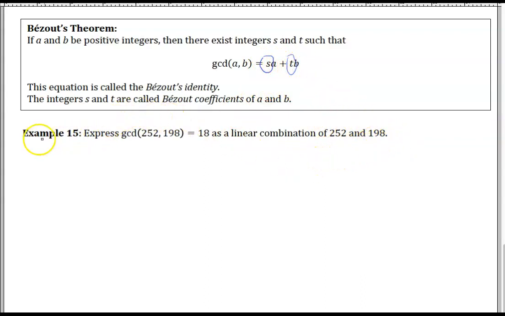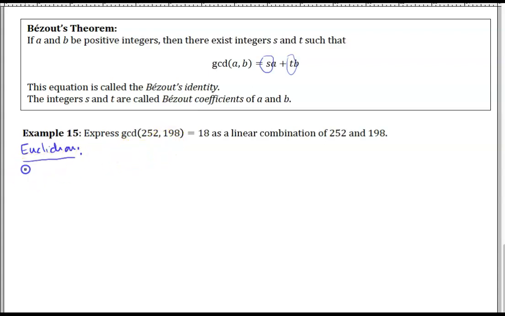Okay, so we're going to do the Euclidean algorithm to start with. Even though we know what the GCD is, we need the steps for the Euclidean algorithm, because to find the Bezout coefficients, we're going to basically reverse the steps.